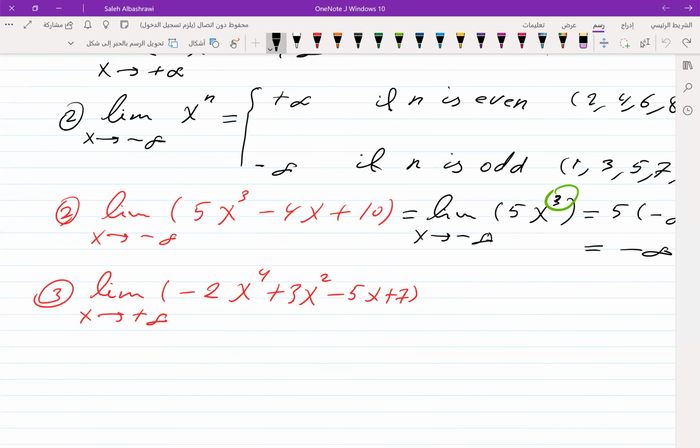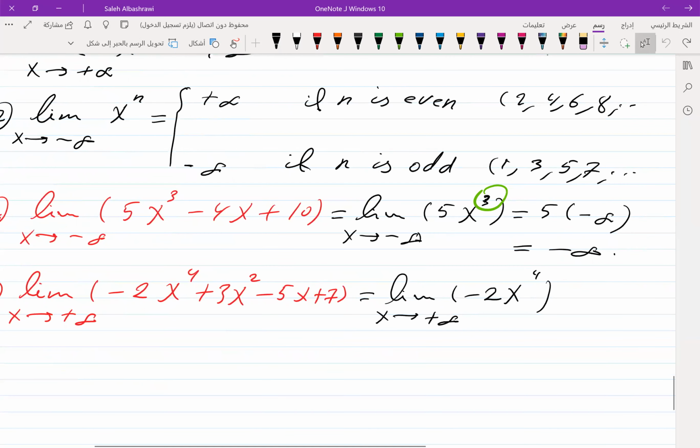Same thing. Take the limit of the highest power. So this is the limit of minus 2x to power 4, where x goes to plus infinity, which is equal to minus 2 multiplied by the limit of the power.